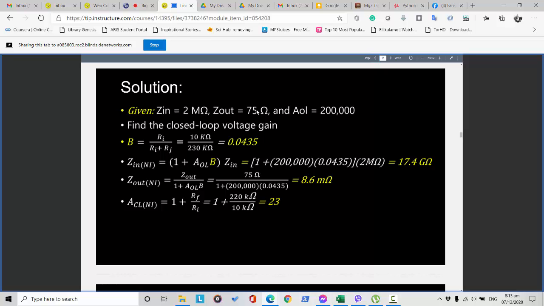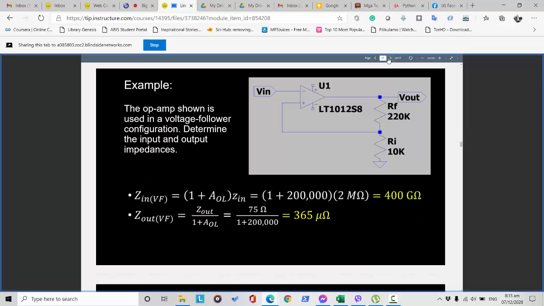So we have an open loop gain of 200,000 and we have input impedance of 2 mega ohms and output impedance of 75 ohms. So we'll just want to compute for the value of the input impedance and the output impedance of this voltage follower.